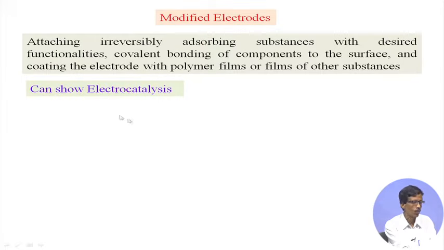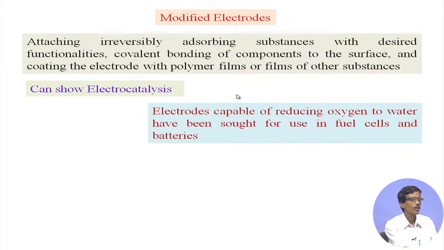That means it can go for electron transfer reaction, and as a result it can sometimes show electrocatalysis. That means the catalytic cycle is attached to that particular molecule or species which is attached to the electrode through some polymer film or anything else.